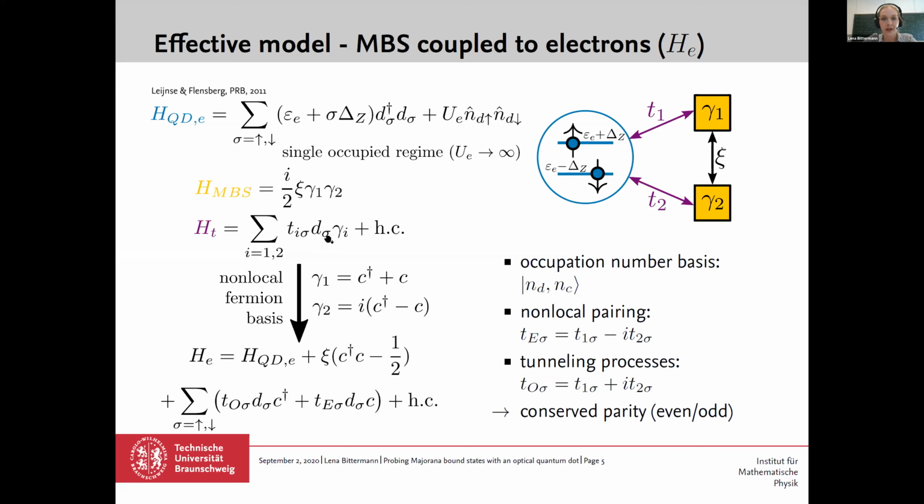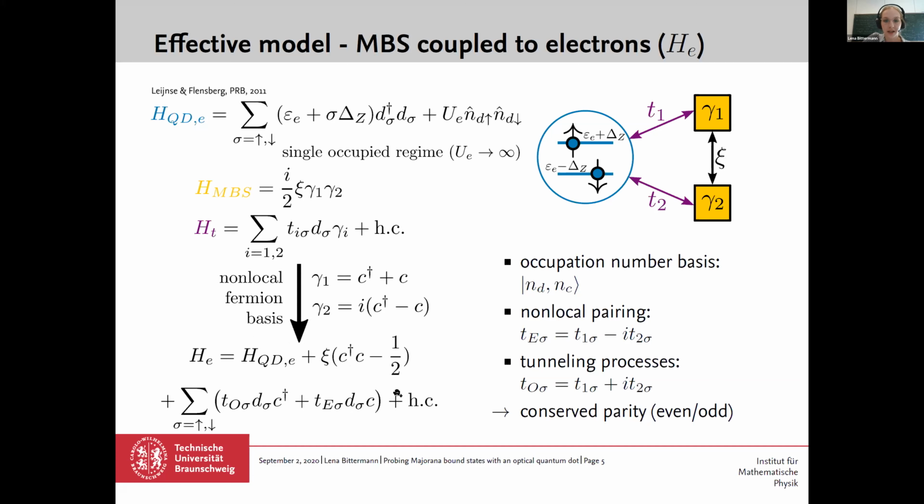If we now use the non-local fermion basis, like this here with the non-local fermion operator C, we find this Hamiltonian here, where we have the occupation number of the non-local fermion, and we have this tunneling term here. We use the occupation number basis, meaning the number of dot electrons and the number of the non-local fermion.